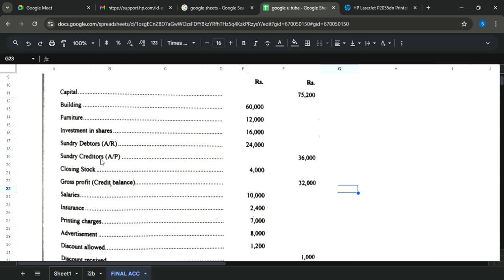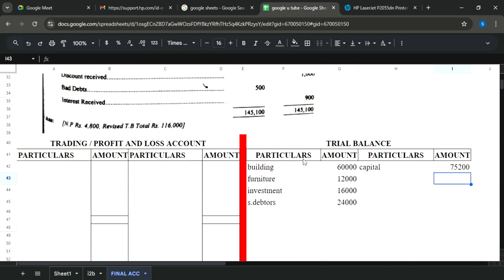Next, creditors. Yes, it is not part of the trading profit loss account. So it would be part of the trial balance, and it has been written on the credit side, 36,000. Write down 36,000 as it is sundry creditors.